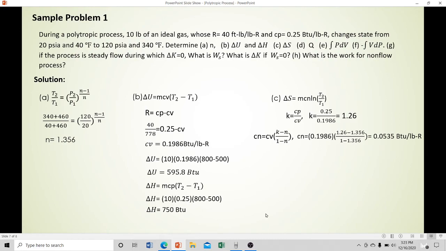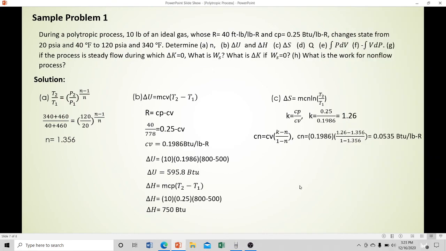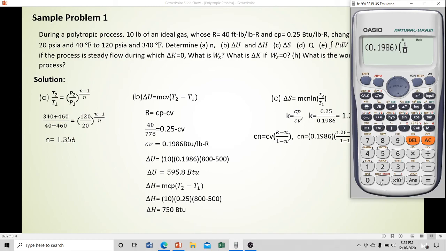So if we calculate this Cn, we have 0.1986 times K, 1.26, minus n, 1.356, over 1 minus n, where n is 1.356.